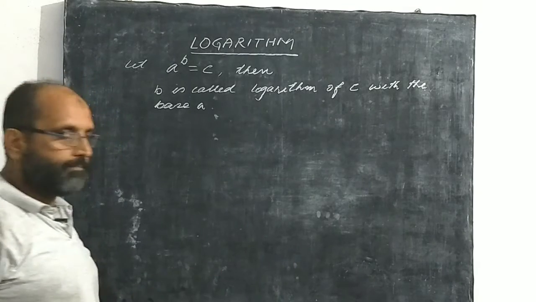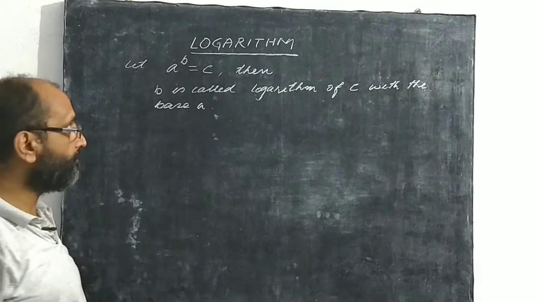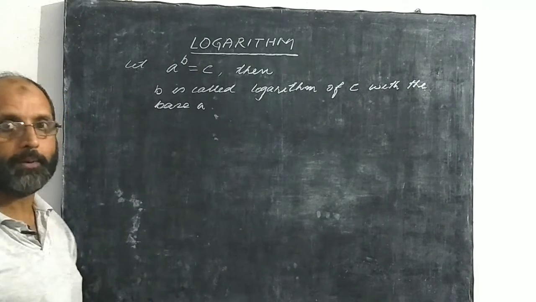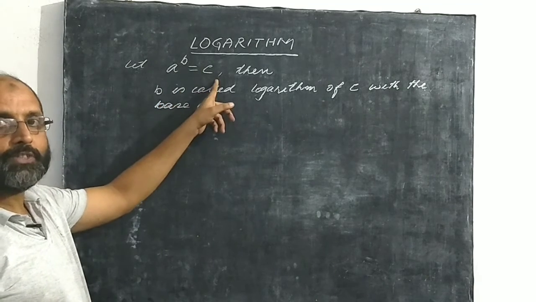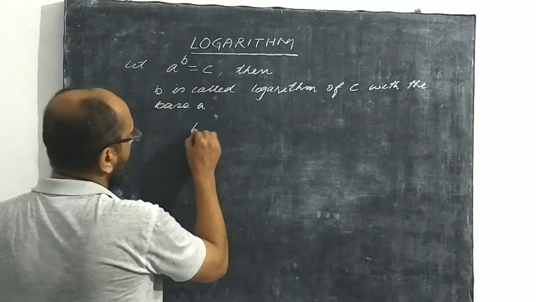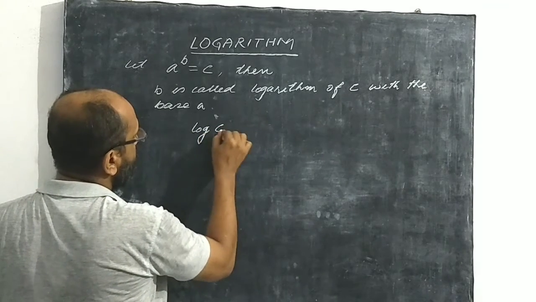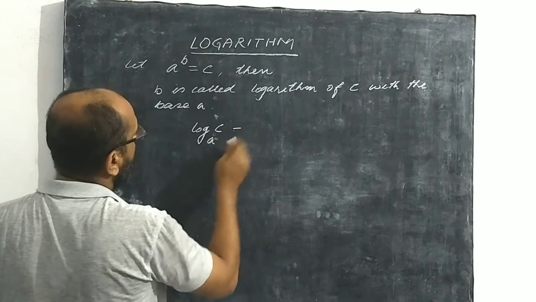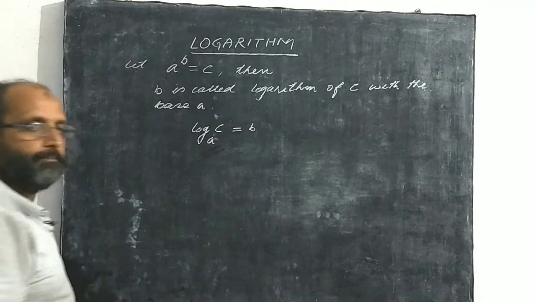I repeat, if a raised to the power b is equal to c, that is, if c is a number which may be expressed in the exponential form as a raised to the power b, then b is called the logarithm of c with the base a, and it is written as log c base a is equal to b.